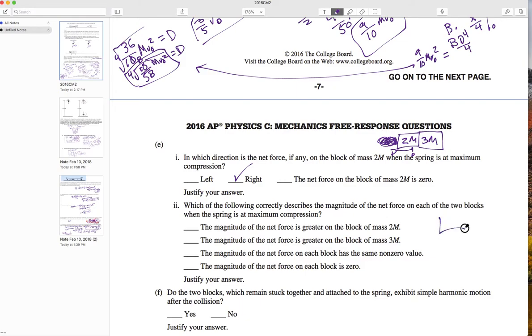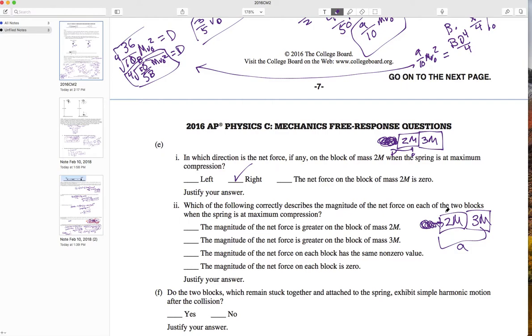obviously, this is the situation where we have 2m here, 3m here. They run away with the same acceleration, and we have the spring force pushing here.